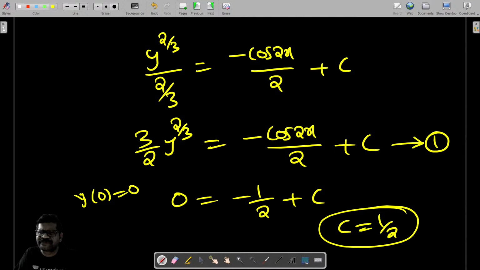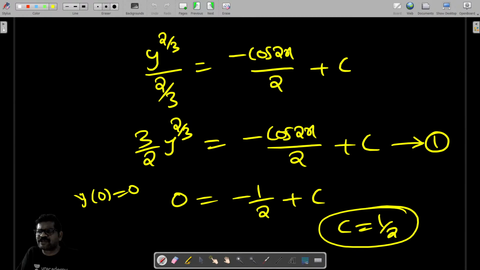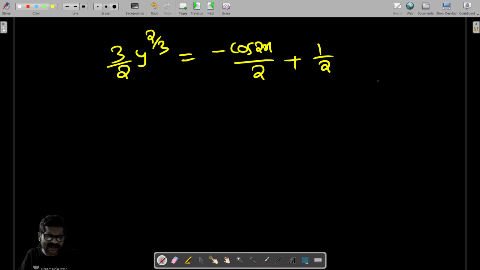Therefore 3 by 2 into y power 2 by 3 equal to minus cos 2x by 2 plus 1 by 2.